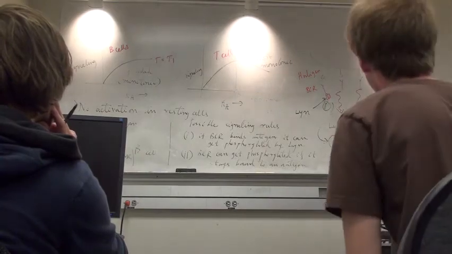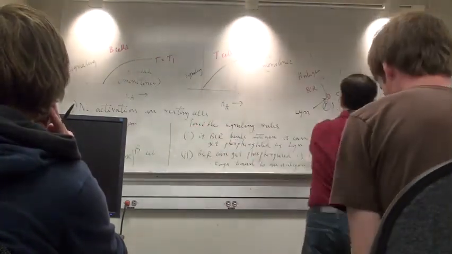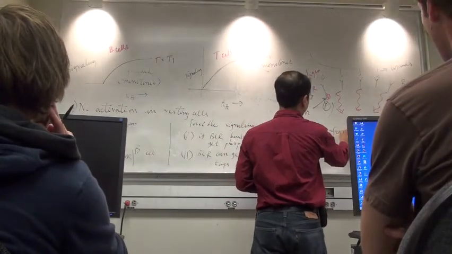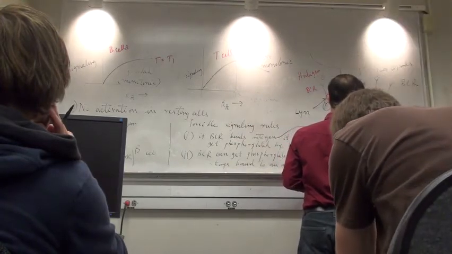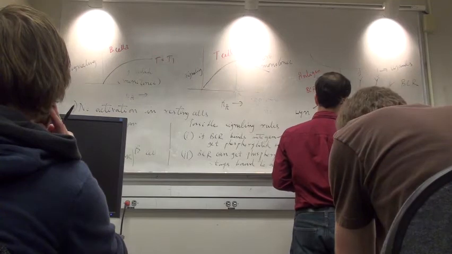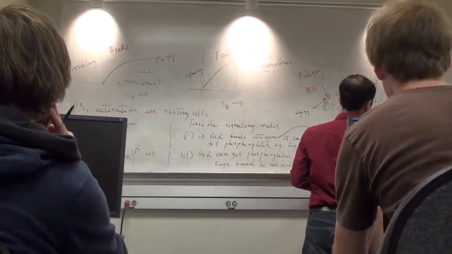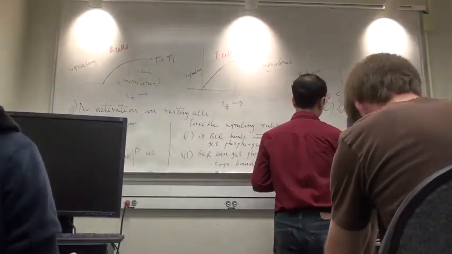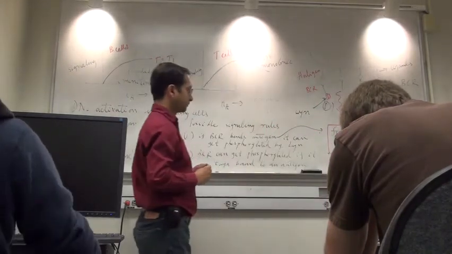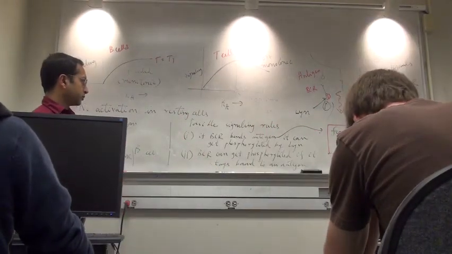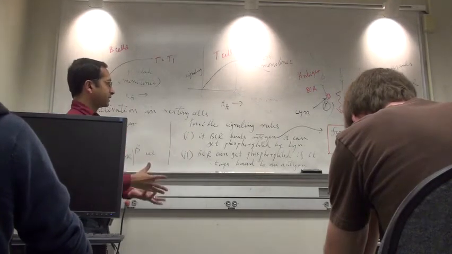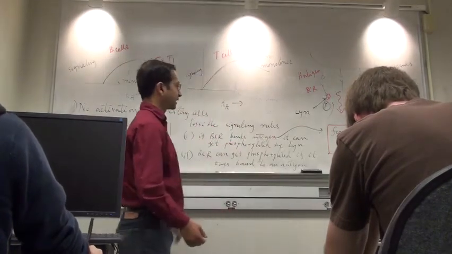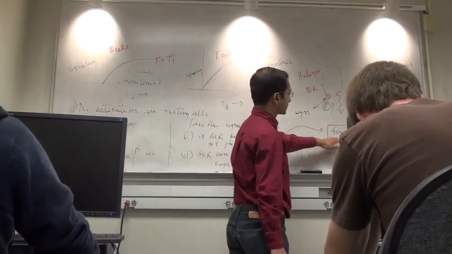So you can assign that BCR binds antigen and it does not get phosphorylated, or does not have the ability to get phosphorylated, right away, but only if you allow a certain amount of time.